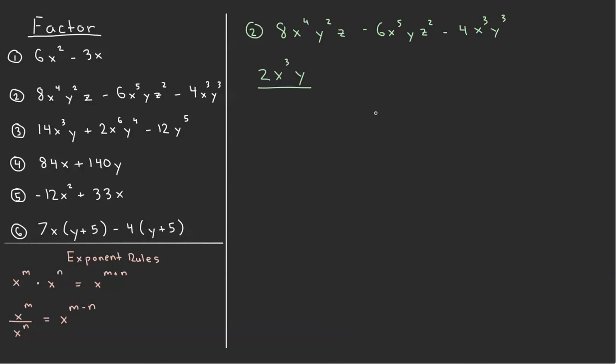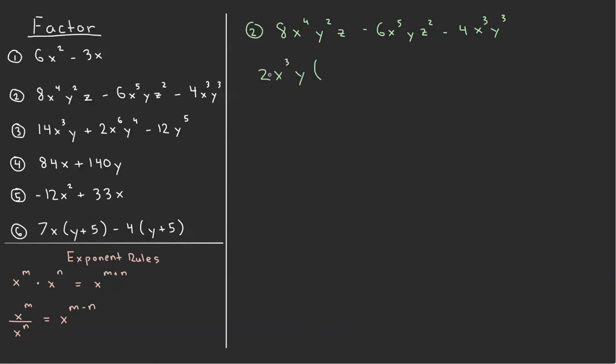So this piece here is going to be the greatest common factor, and once we have that, we open up our set of parentheses and ask what's left behind after we divide this out of each of these 3 pieces. Or in other words, an easy way to think about it is, what do you have to multiply this by to obtain our original expression?